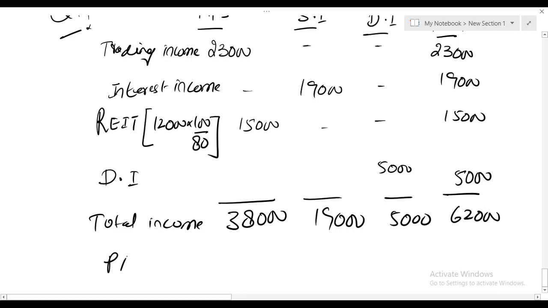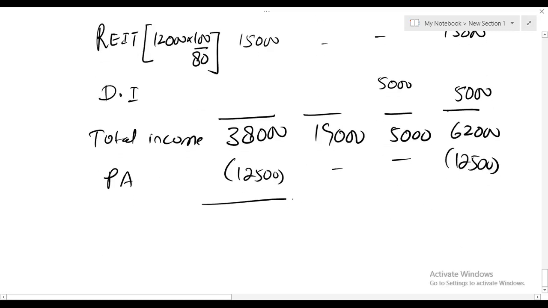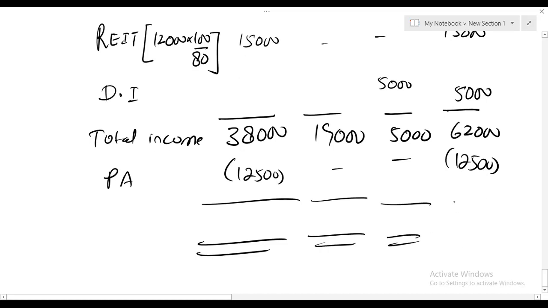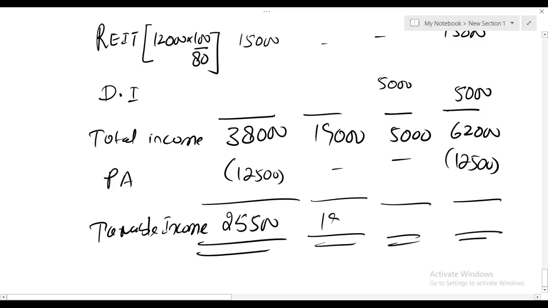Let me deduct personal allowance, obviously from non-saving income. 38,000 minus this, 25,500.